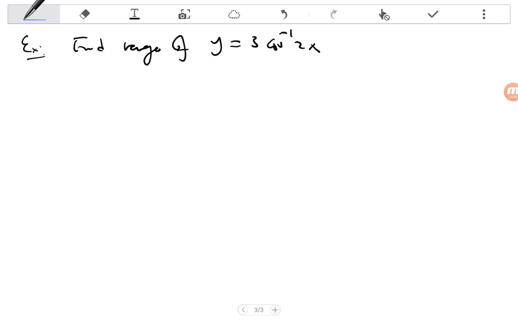Do you remember how we managed to find a range? That was one method to find a range. That is to find the domain of the inverse of this function.